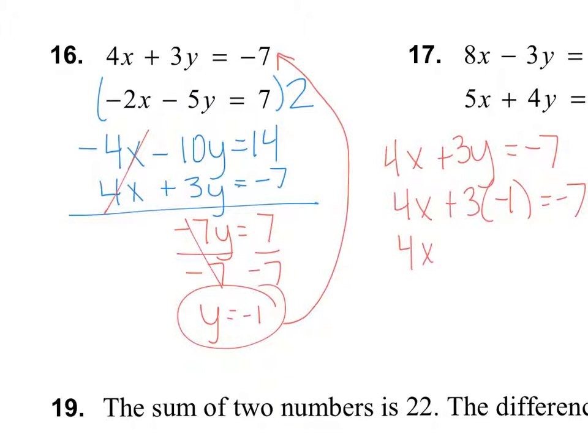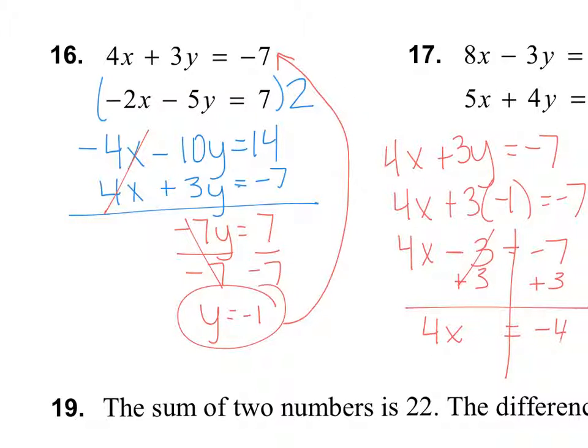When I simplify that, 3 times negative 1 is a negative 3, so I'm going to say 4x minus 3 equals negative 7. Add 3 to each side. 3's cancel out. 4x equals negative 4. Divide each side by 4, and your answer is x equals negative 1. So your answer is the ordered pair negative 1, negative 1.